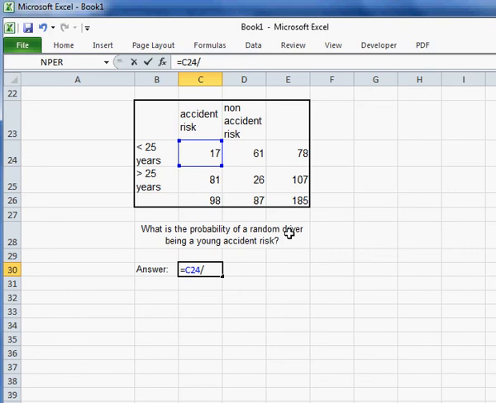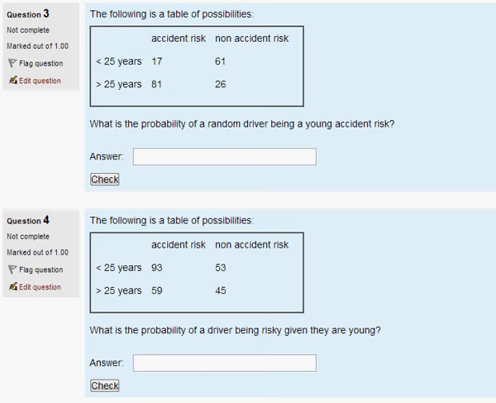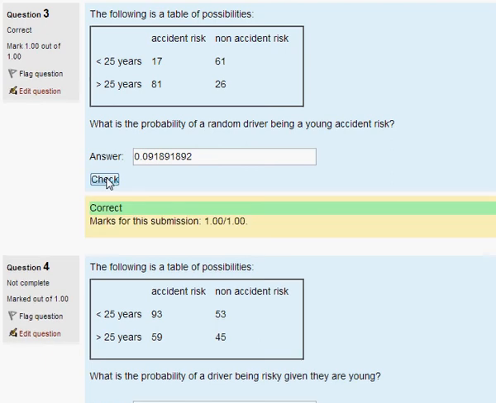So random driver, we're not restricting our sample in any way. We can use the full sample size. So it'd be 17 out of 185. And that means we have a probability of 9.2%. So if I paste that in here and check it, I can verify that this did indeed work.